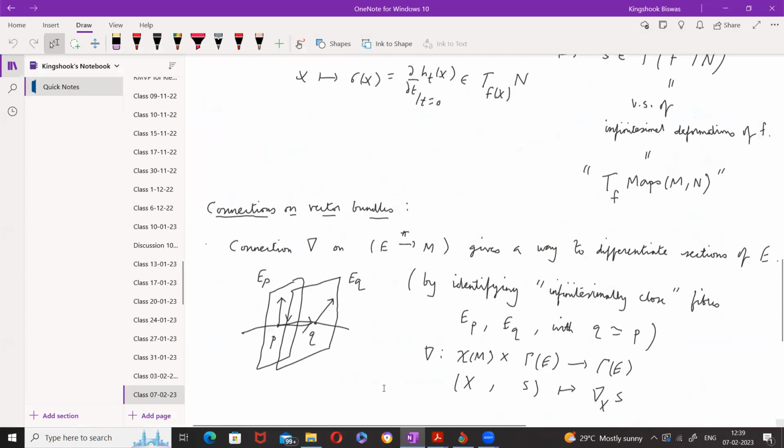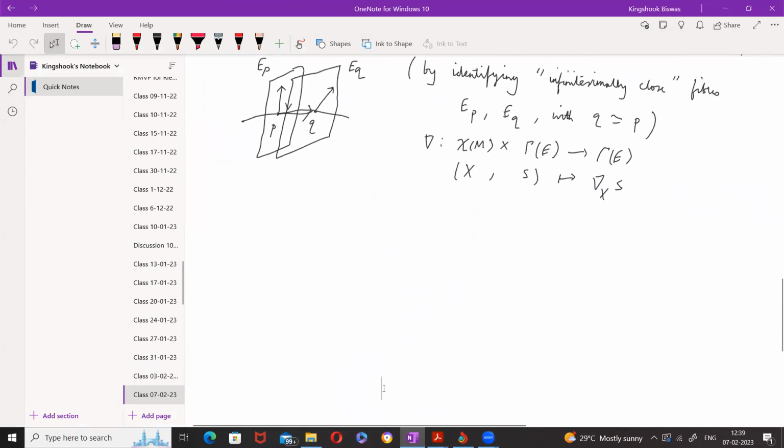So maybe I should draw you a picture. So you have your interval I, and you have your curve gamma. So this is some curve in the manifold. And then we're looking at sections along gamma.